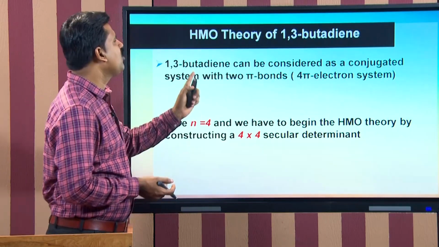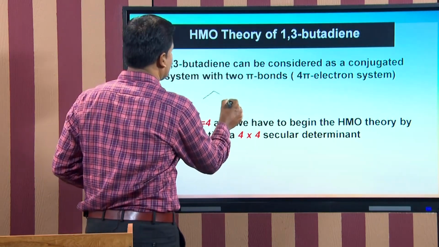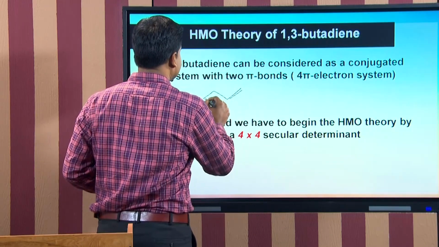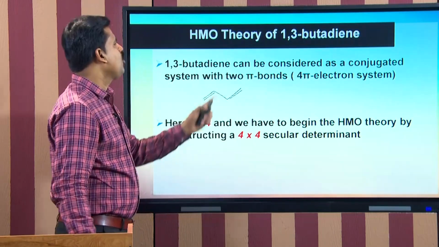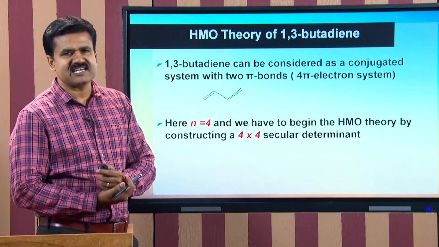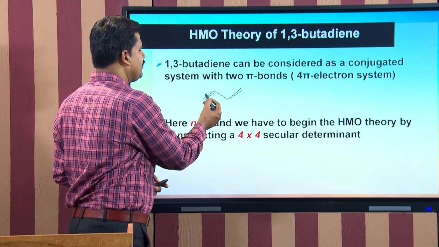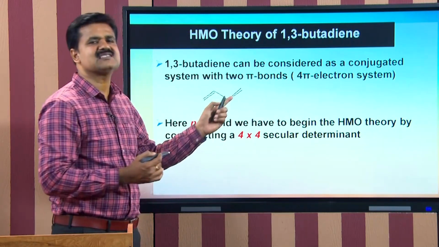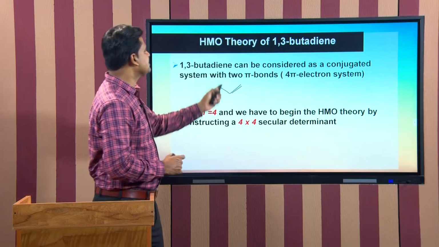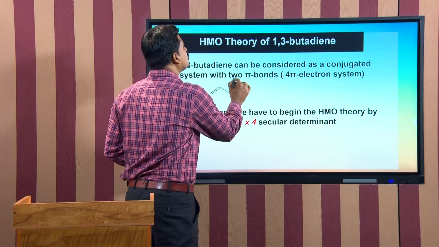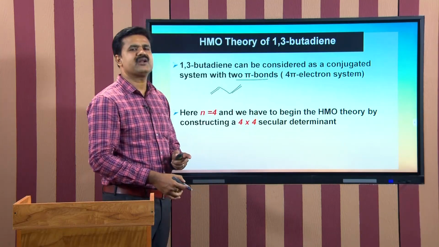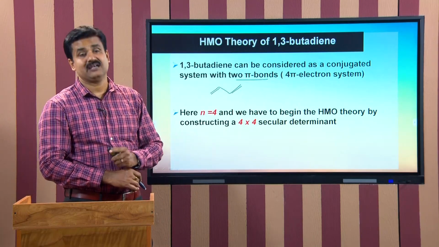This is the chemical structure of 1,3-butadiene. 1,3-butadiene can be considered a conjugated system, with alternate single bond, double bond, single bond, double bond. So, this is a conjugated system with 2 pi bonds, or having a total of 4 pi electrons.